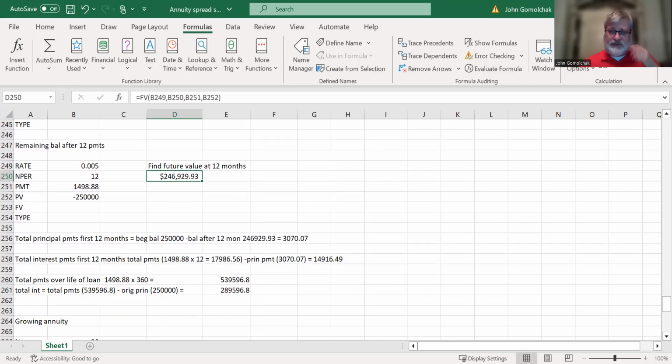Okay, now total payments over the life of the loan is something that they wanted to ask us. Assuming that we didn't sell the house or pay it off early, we paid it over the 360 payments. We're going to have the $1,498.88 times 360 payments, $539,596.80. Total interest is going to be that number, the $539 minus the original loan of $250,000.